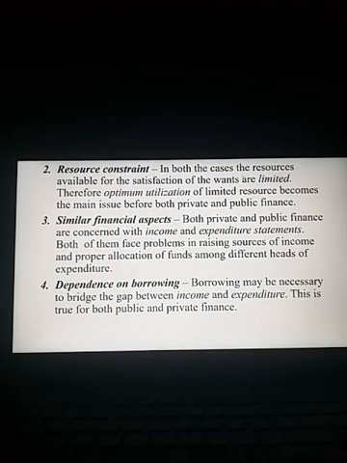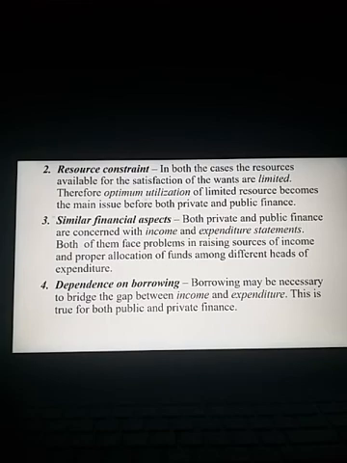Observe, since the resources available are limited in both the cases, optimum utilization of limited resources becomes the main issue before private and public. Let it be public finance, revenue and expenditure of government, or private finance, revenue and expenditure of an individual. Since the resources are limited, with the limited resources, they try to utilize these resources in an optimum manner and get maximum satisfaction.